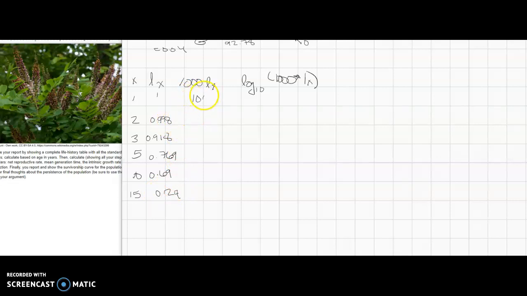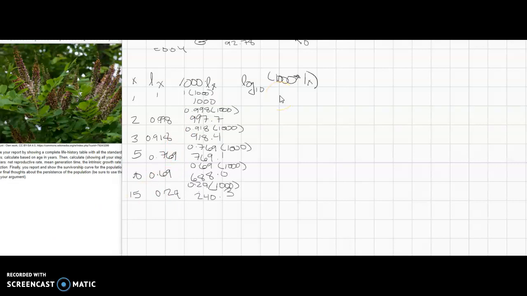So this one, 1 times 1,000 is 1,000. The next times 1,000 is 997.7, and go ahead and work all the way down. Alright, and then we need to take the log base 10 of what we just calculated. So log base 10 of 1,000 is 3. Log base 10 of 997 is 2.999, and carry on those calculations.